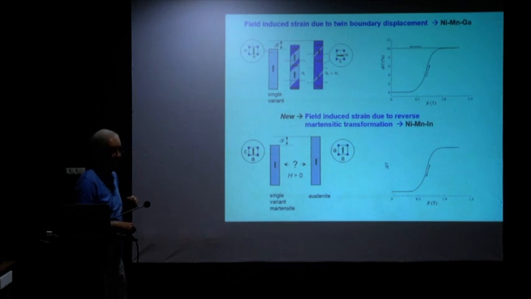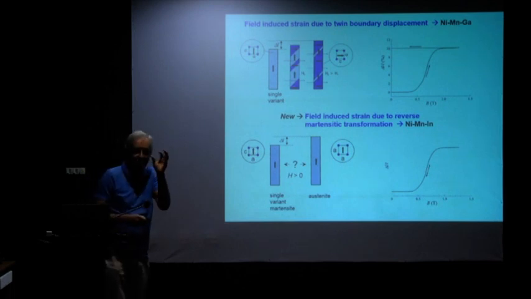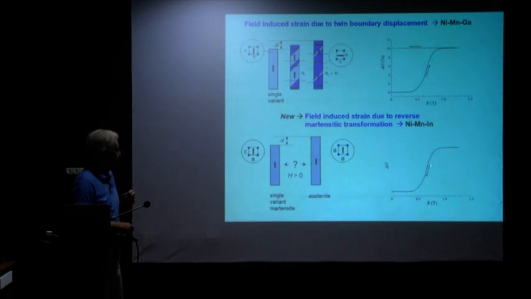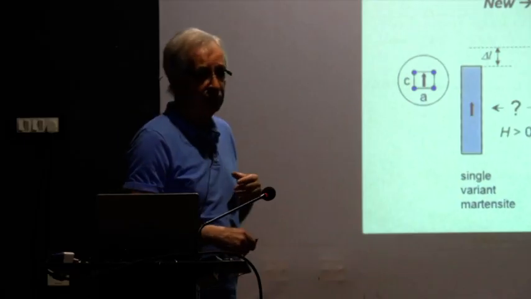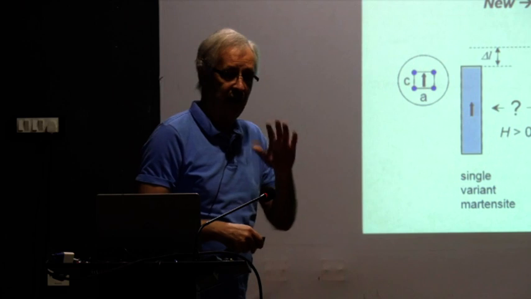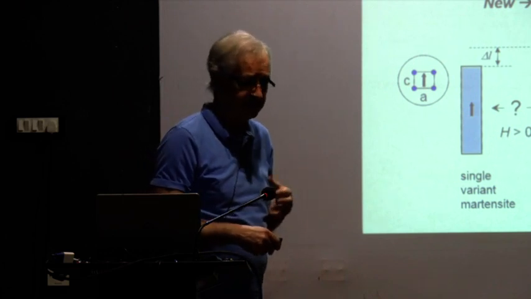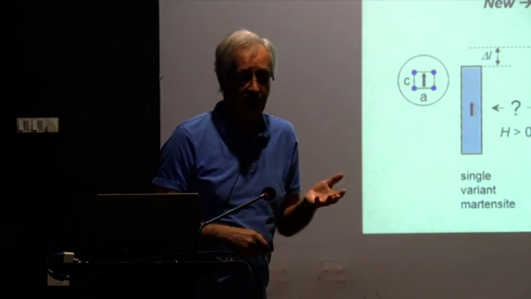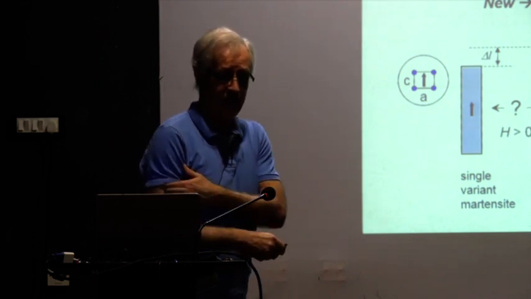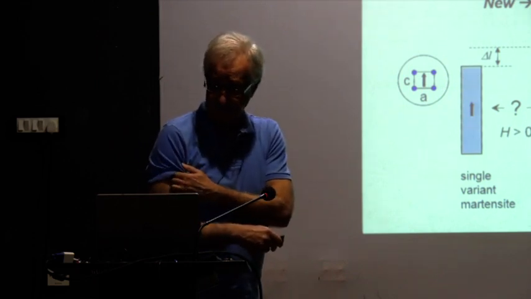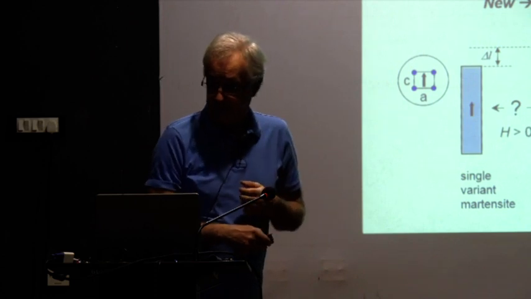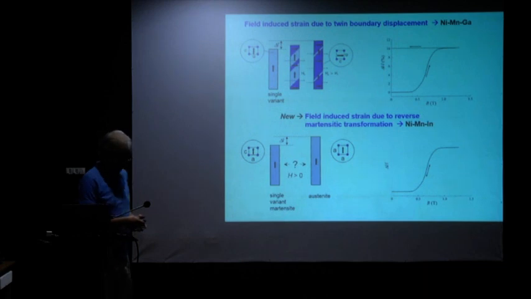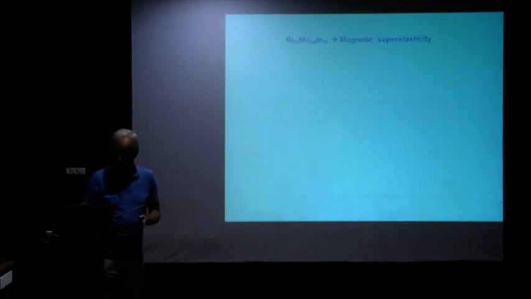In this case, they're of course limited by the crystallography themselves. Here the strain we measured to be about 0.1% in a polycrystalline material. Still it's quite large for a polycrystalline material, actually.